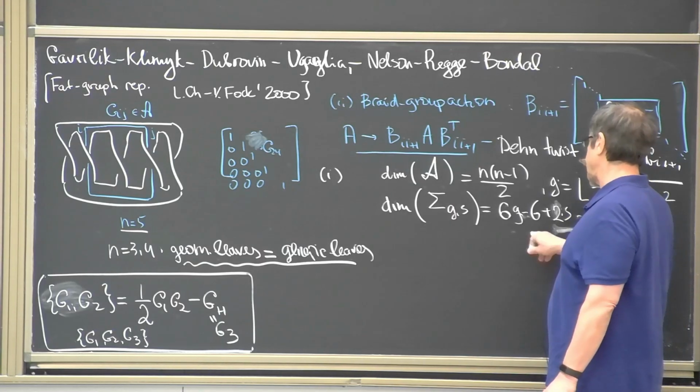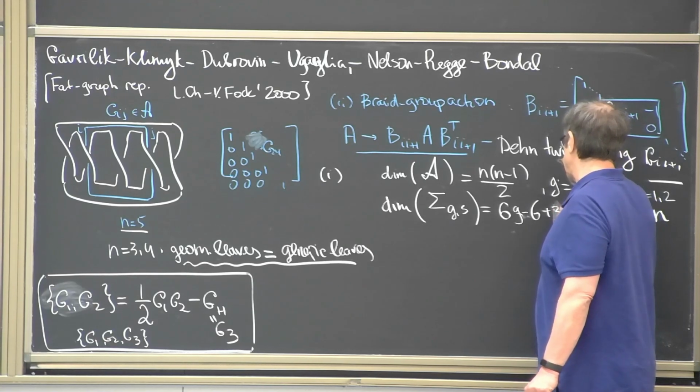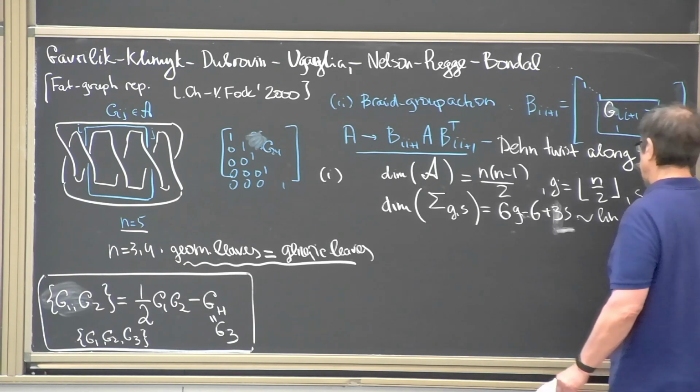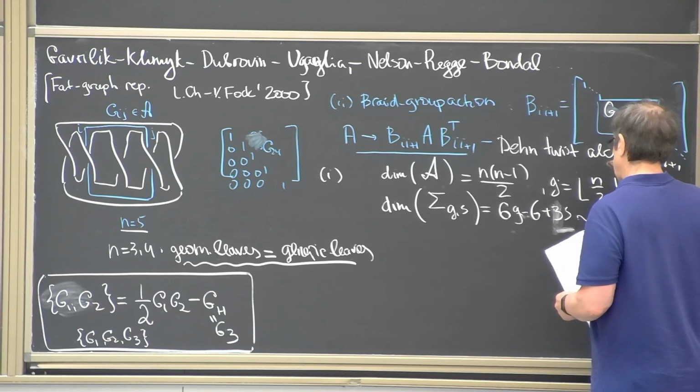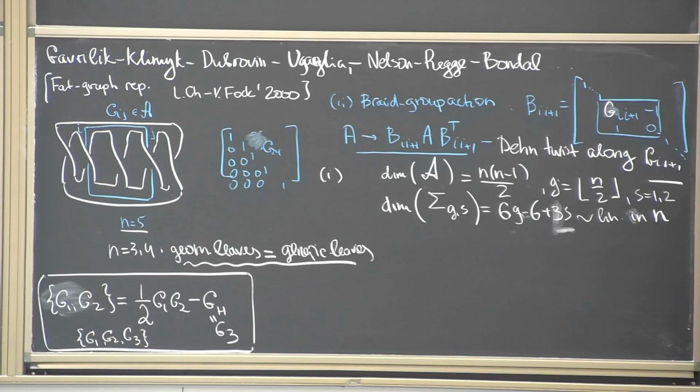For genus 1 and s equal 1, it must be 3. Also for n equal 4, it's 6. So no, it's 3s. Real, yes, everything is real. Everything in my talk today is real.